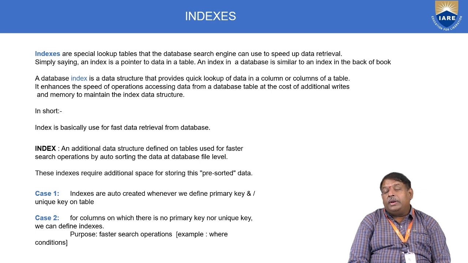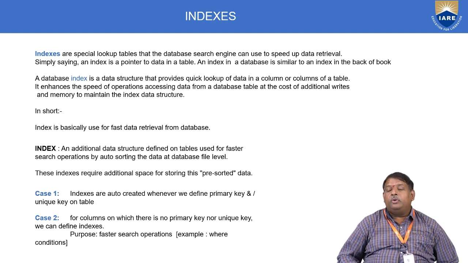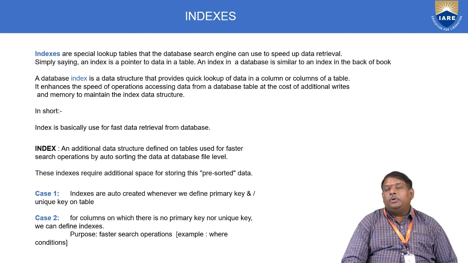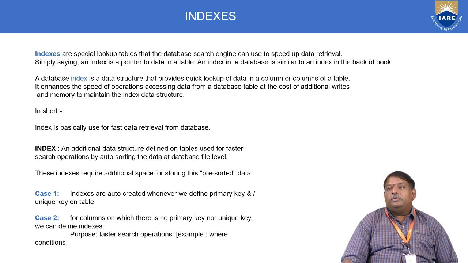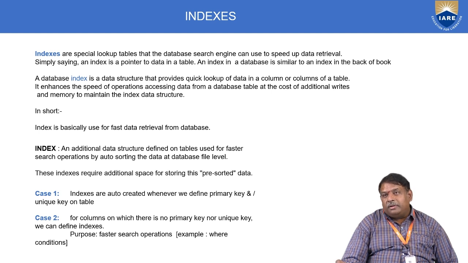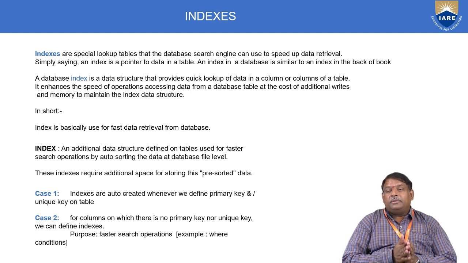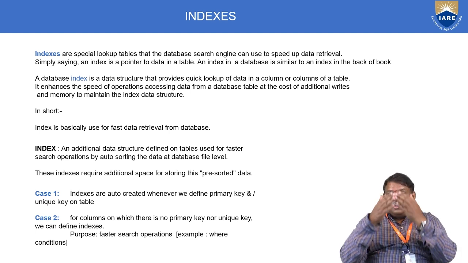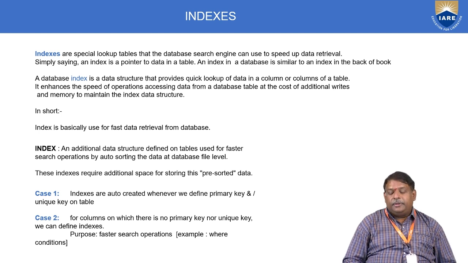Now you can create a non-clustered index on the age column, as you will frequently use the age of the student, for example, to list all students whose age is greater than 20 years. As you are using age quite frequently, you can create an age index, so your database will sort the data as per the age, a pre-sorted index. That is case 2.